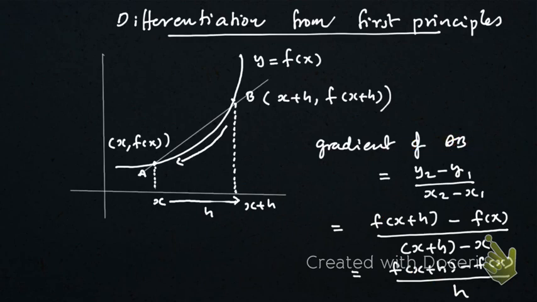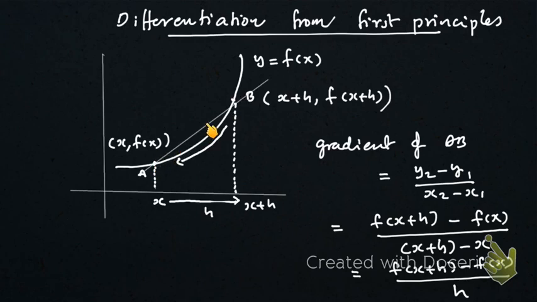Now, when I talk about the gradient of the curve, what I actually mean by that is the gradient of a tangent to the curve. So at this point A, if I want the gradient of the curve, or the gradient of the function f of x, I need to find the gradient of the corresponding tangent at A. What I have drawn here is AB, a chord, but I want to make it into a tangent now.